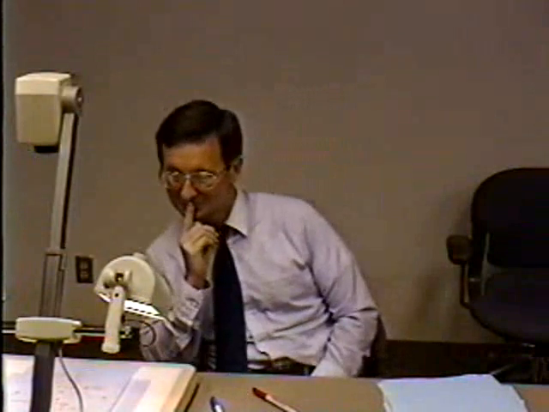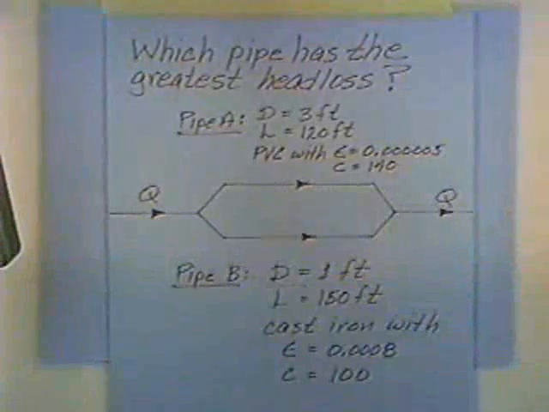Well, you already gave it away. Okay. Well, which is it? And you're pretty well guessing it's not the obvious answer. Well, it still seems that you'd take that epsilon over D relationship, and that would be the driving factor.